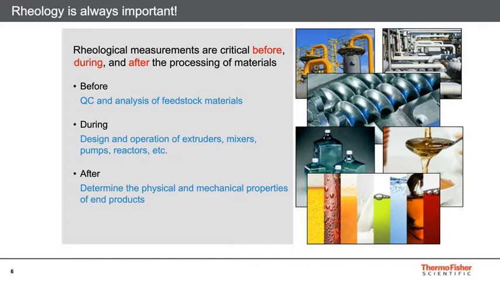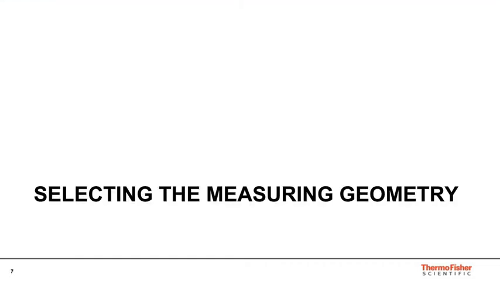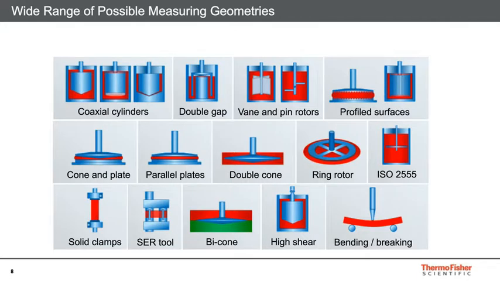So before you actually set up a rheological measurement and start to probe some of these material properties, the first step in a rheological measurement is making sure you select the right measuring geometry or rotor or tool to actually interrogate a material. Rheometers come with a wide range of possible measuring geometries. Some of these are quite standard, you've probably seen before: concentric or coaxial cylinders in the top left, or cone plates, or parallel plates, the most common.